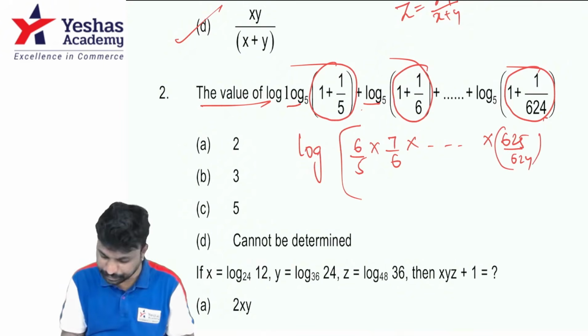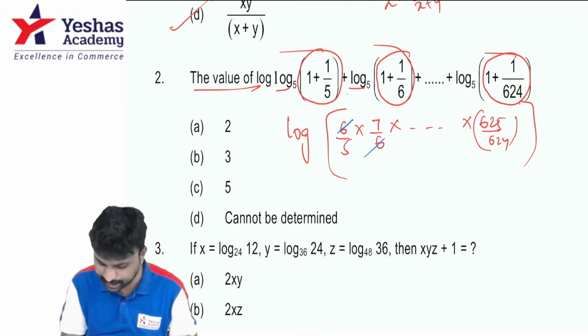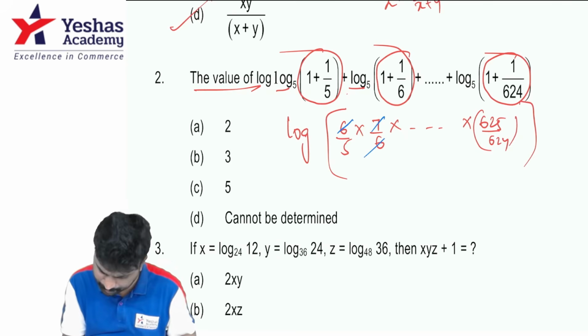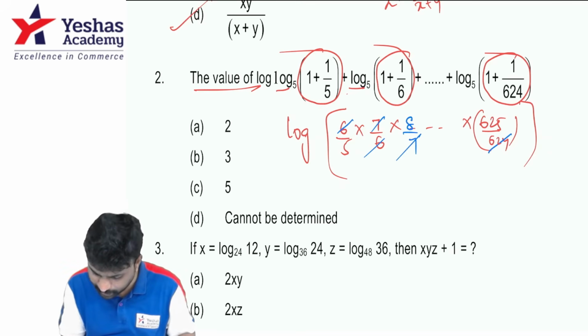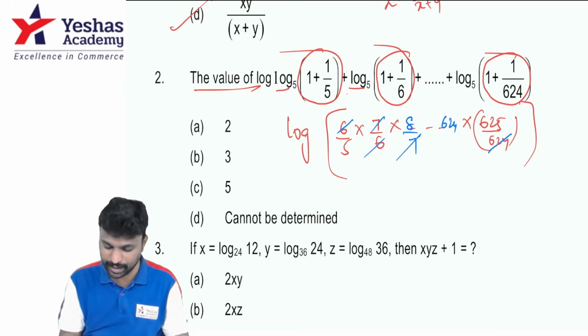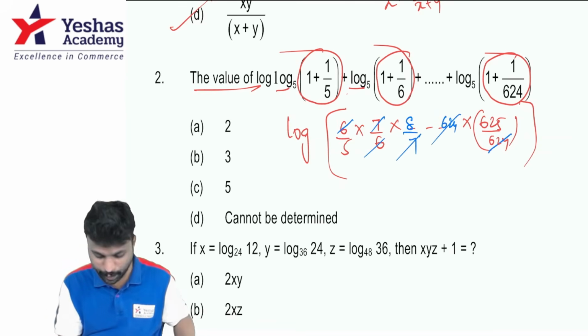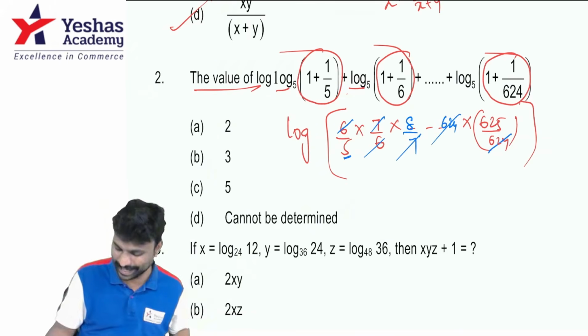If you observe, all these terms are getting multiplied, so you can see 6 cancels. Likewise, 7 cancels with the next term, which is definitely going to be 8 by 7, and so on. You can see clearly this 624 will get cancelled with 624 in the previous term. So as you can clearly see, there is a denominator left out in the first term and a numerator left out in the last term.